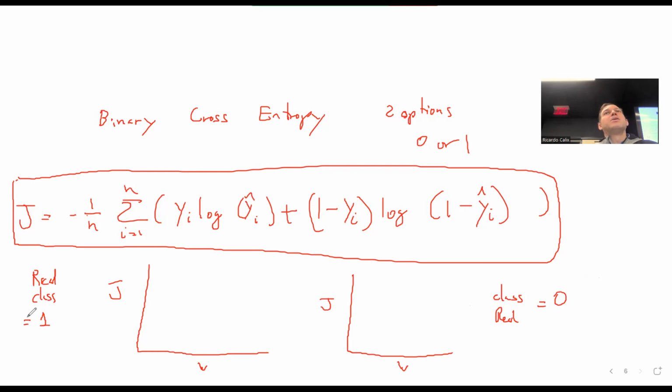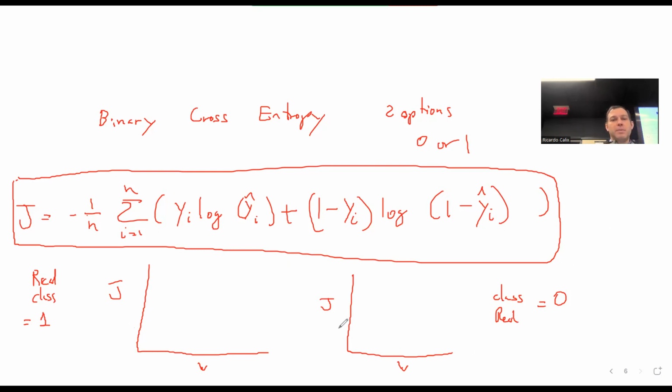What does that mean? If the real class is 1, you want the model to predict 1. Does that intuition make sense? And if the real class is 0, you want the model to predict 0, so you want to minimize when it's 0.